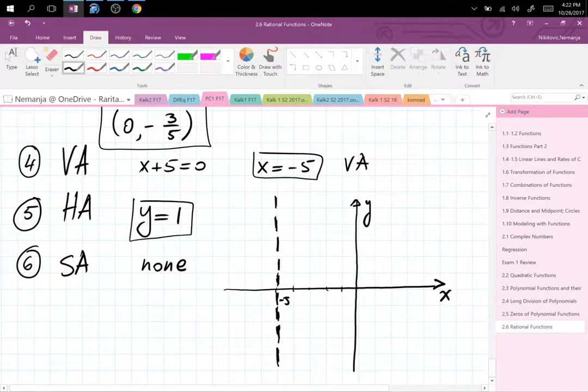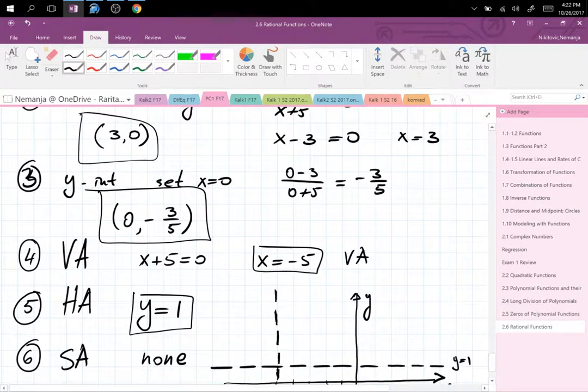We have (0, negative 3/5) as the y-intercept. Oh, y equals 1, horizontal asymptote. And we also have (3, 0).